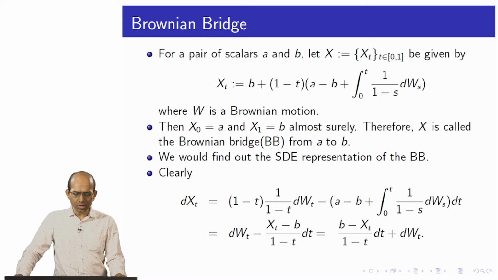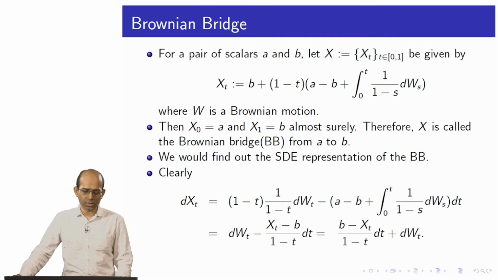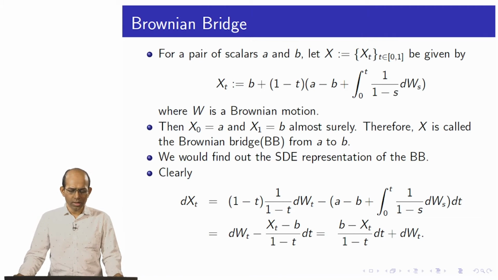From here we get dW t, and adjusting the negative sign, we get this very nice, very short equation: dx t is equal to (b minus x t) divided by (1 minus t) dt plus dW t.